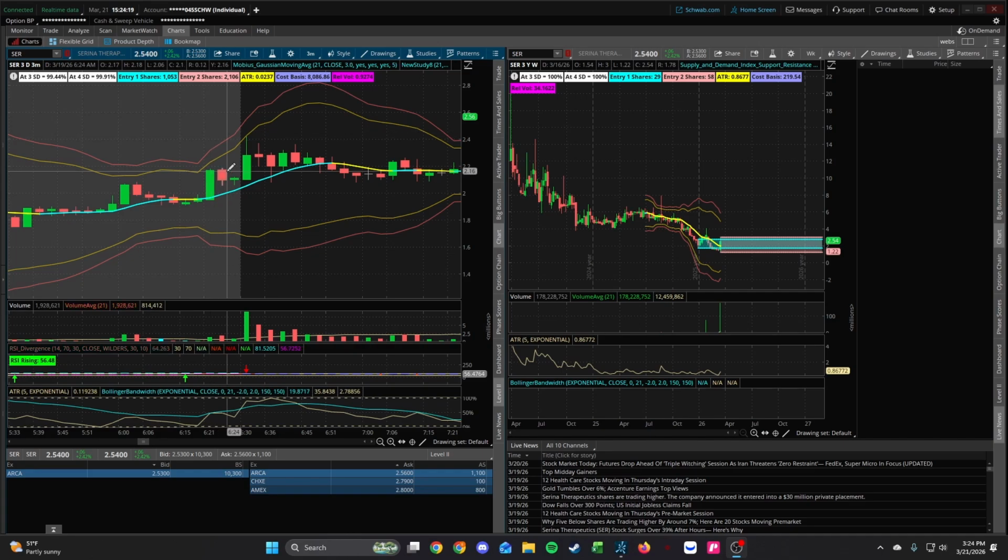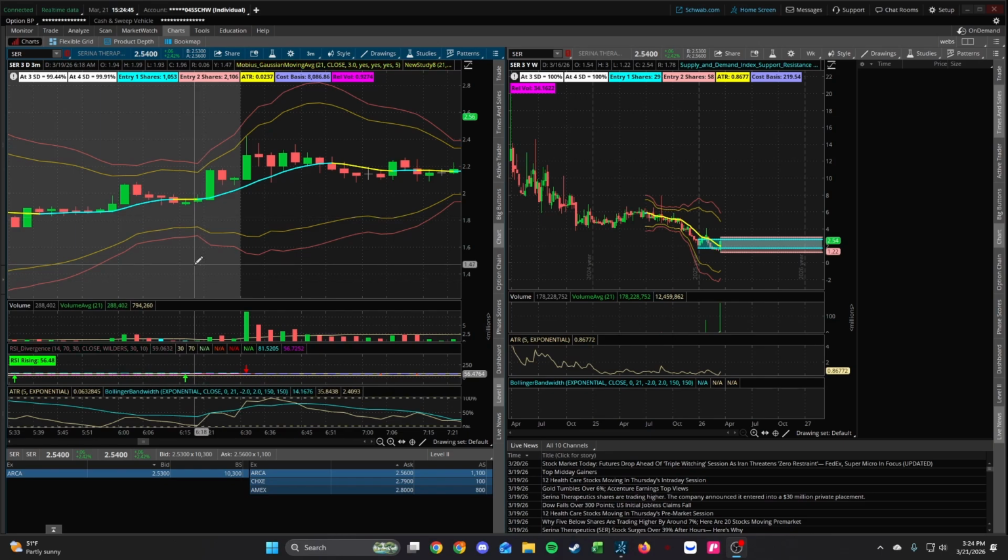So finding times of high volatility would be when ATR is high and also Bollinger Band width is high. I trade mean reversion, so I'm looking for those areas of high volatility. I'm looking at the top end of a range for a contraction and snap back to the mean.